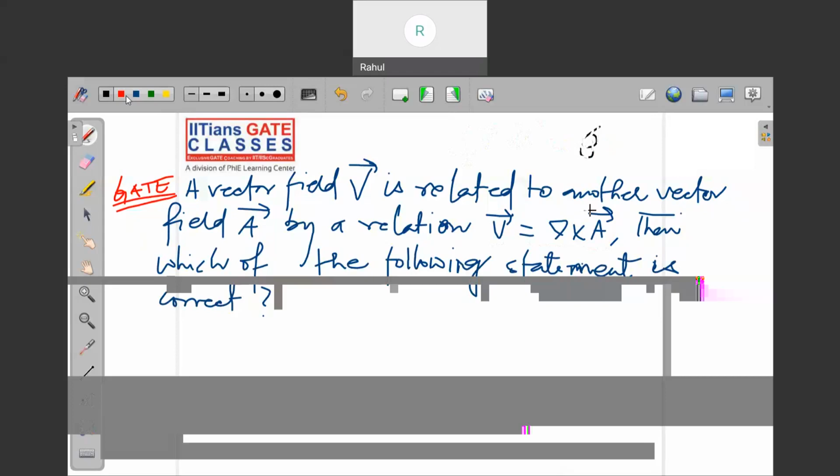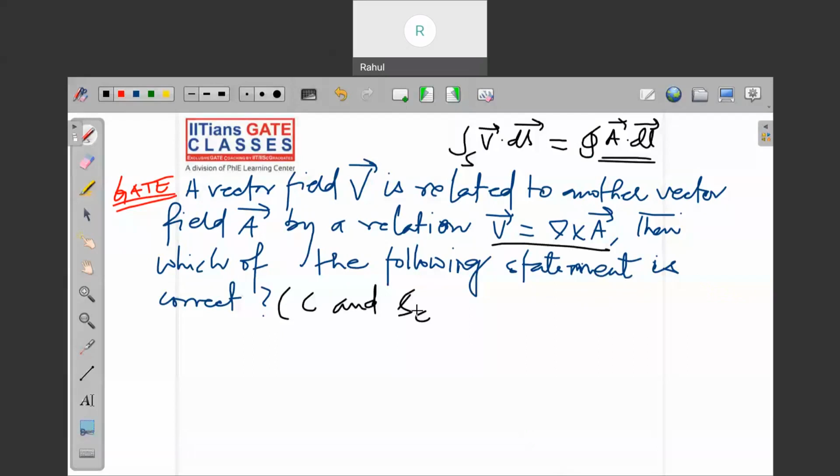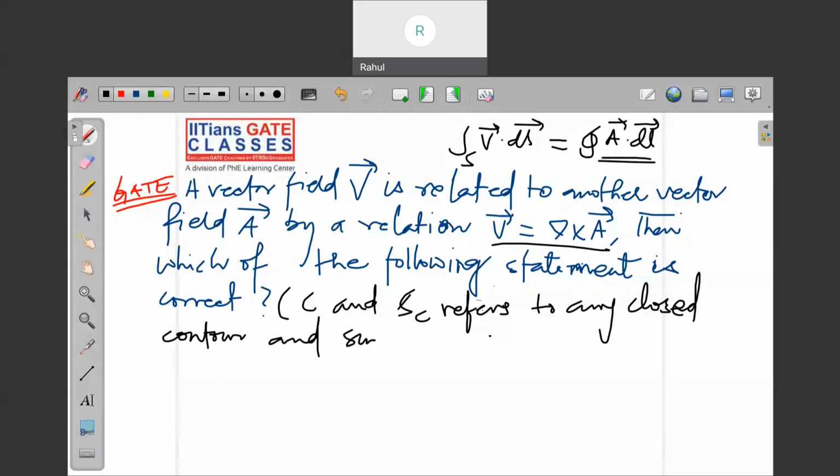In the question they have also mentioned C and S sub C. C and S sub C refer to any closed contour and surface whose boundary is C, remember.